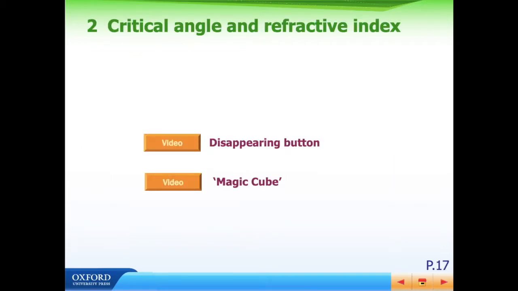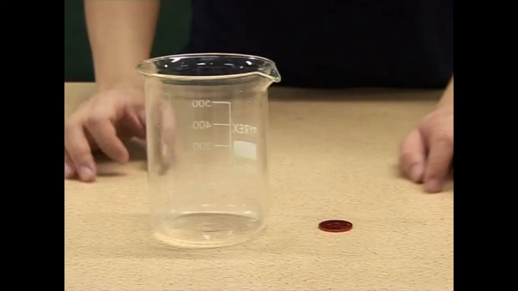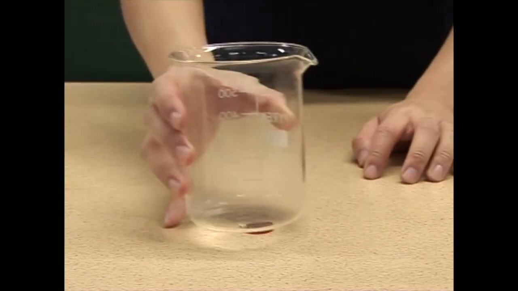To further elaborate the concept of total internal reflection of light, I want you to watch this video, the appearing button. The button is placed under a beaker.